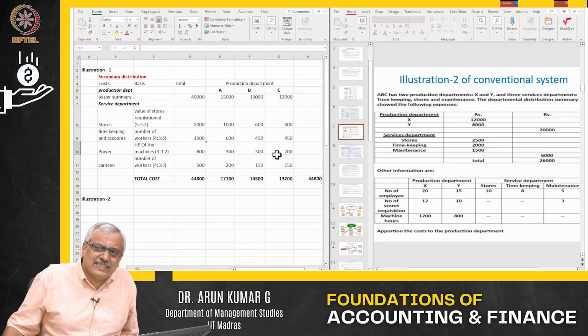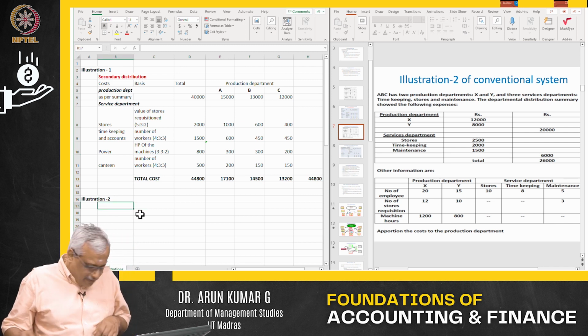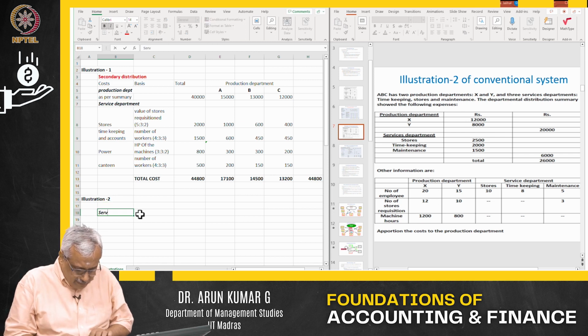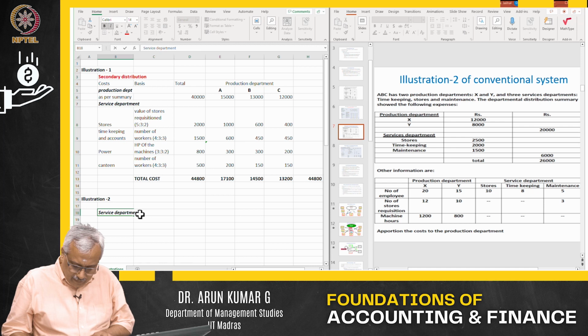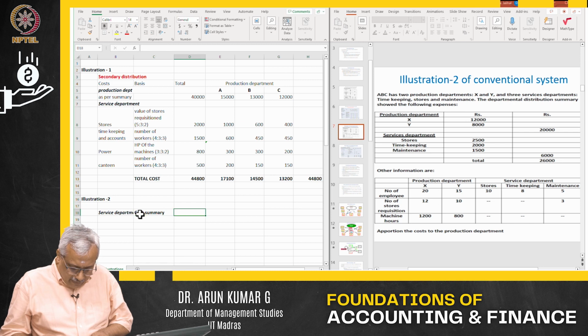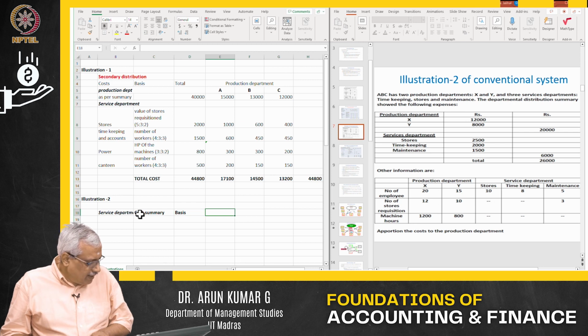So, again we go back to the Excel sheet and do the illustration 2 part of it, and we will start entering the data out here. I am going to say service department, then we will say cost summary, and then I will say basis, and I am going to start with step 1, 2, 3 and 4.